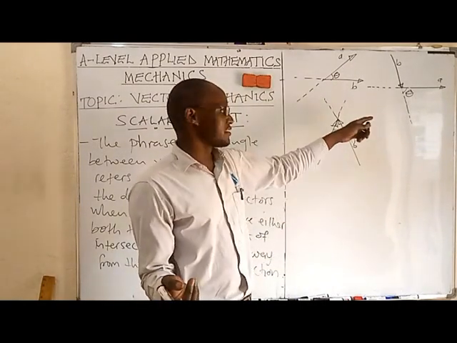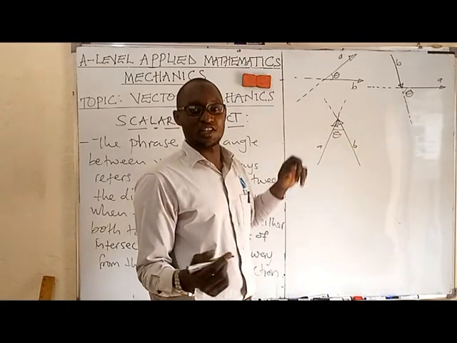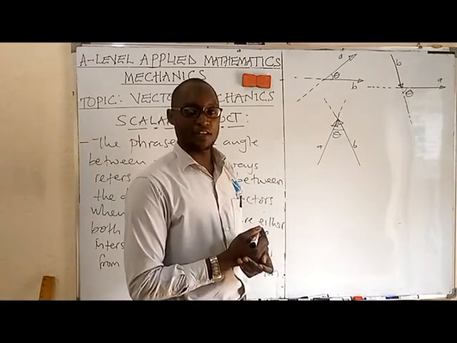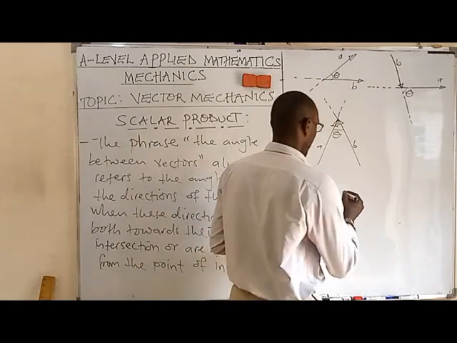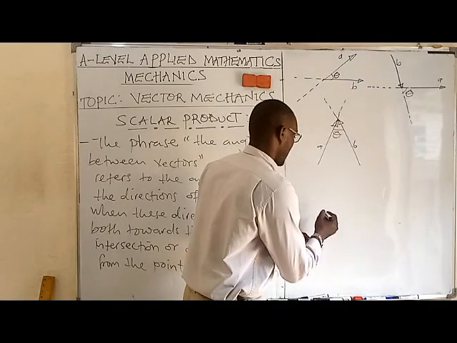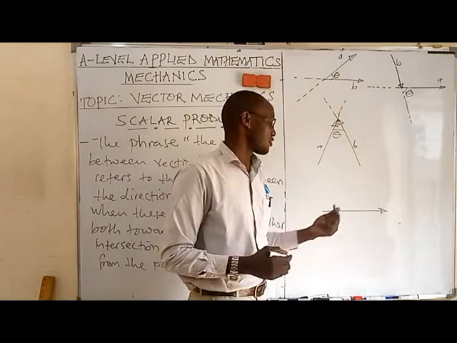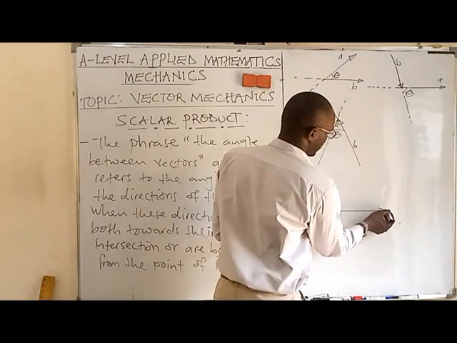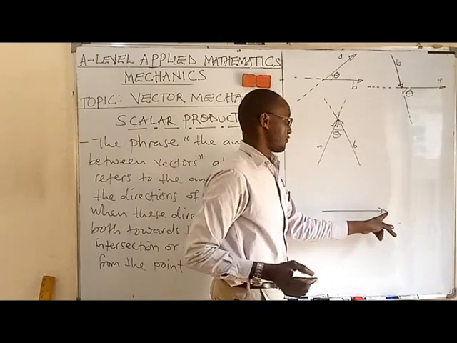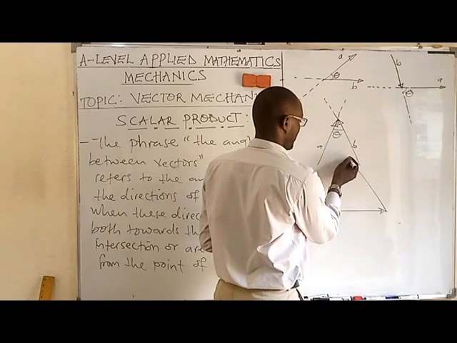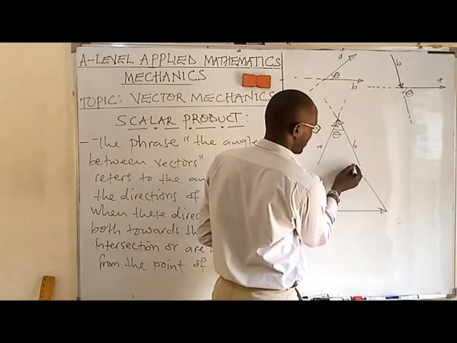Now, when does the angle become obtuse? Because all these ones we are seeing are acute. The angle can be obtuse. How can it be obtuse? Assuming I have a vector moving in this direction horizontally, and there is one which is moving away from the tip of this, moving in this direction.